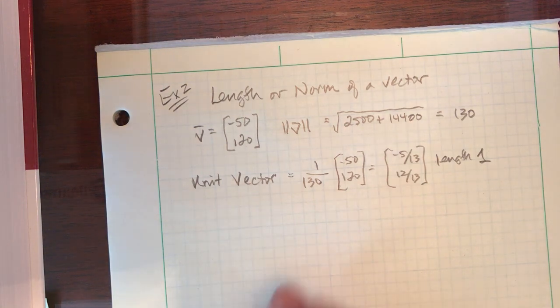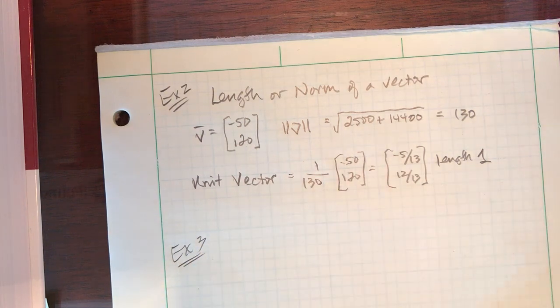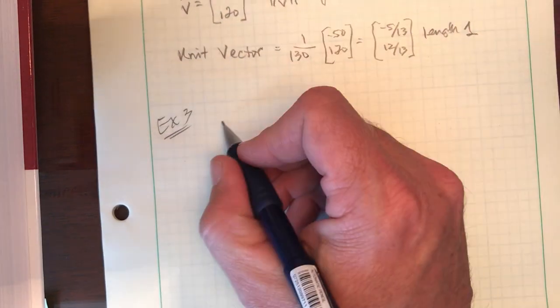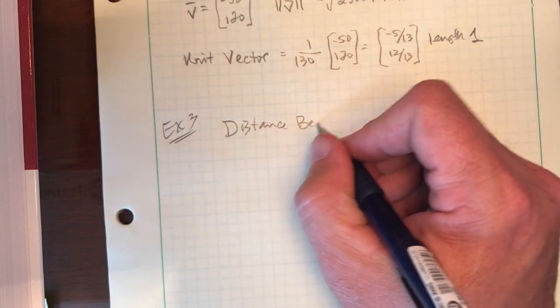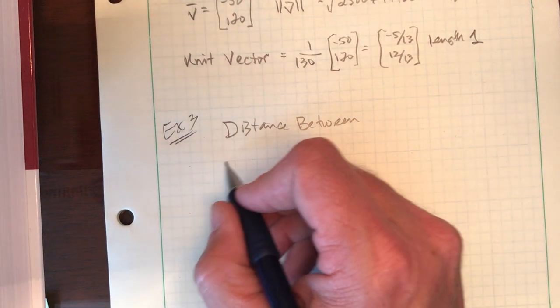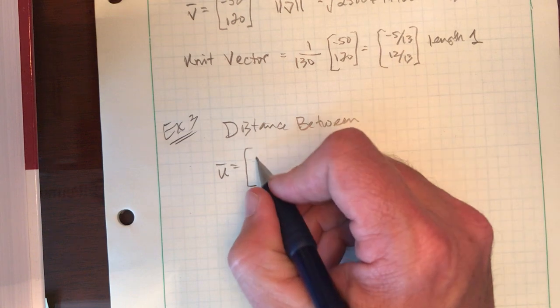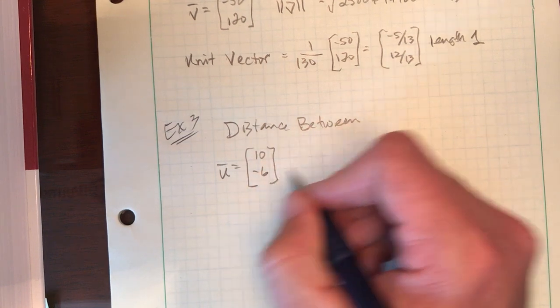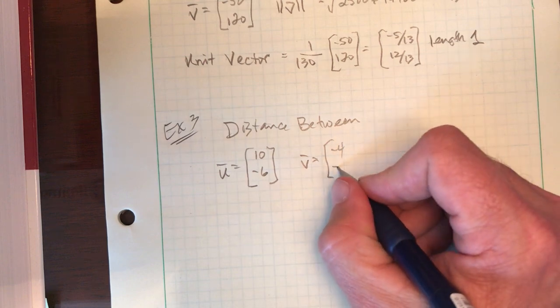Okay, last example. How do you find the distance between two vectors? So let's give you, let's say, vector u, 10, -6, vector v, -4, -8.